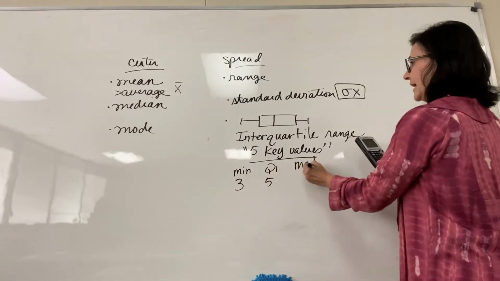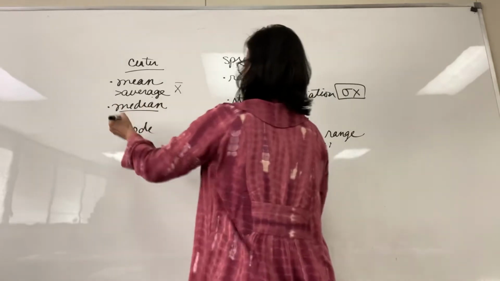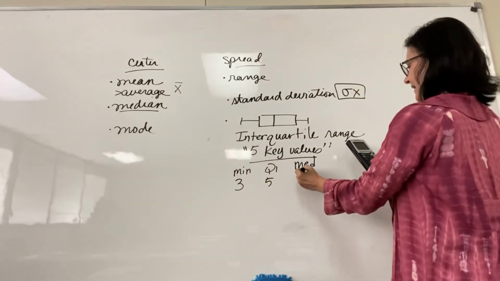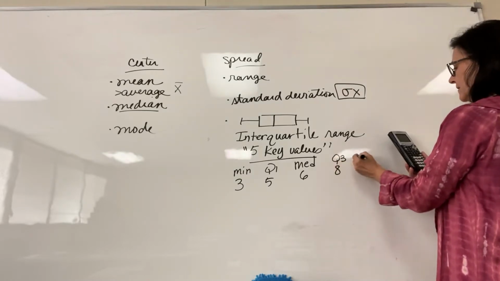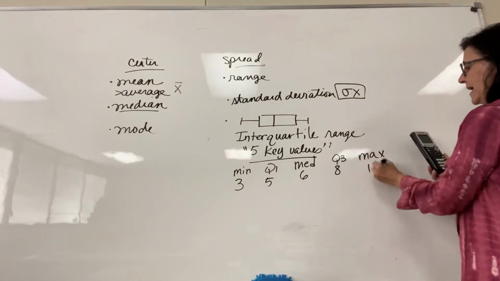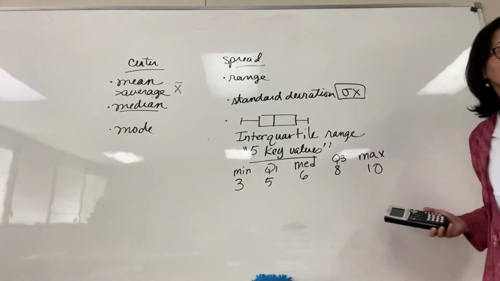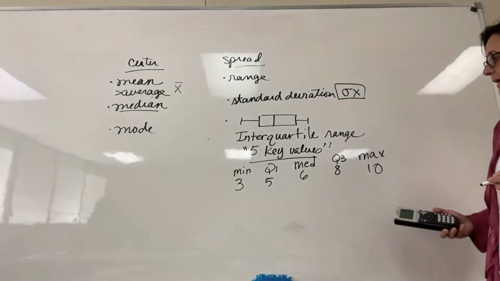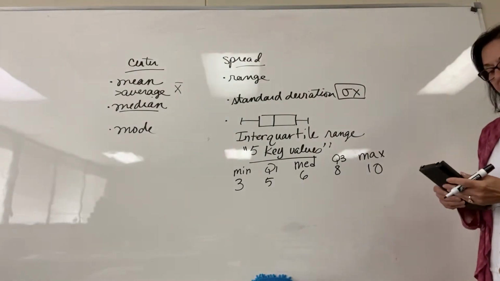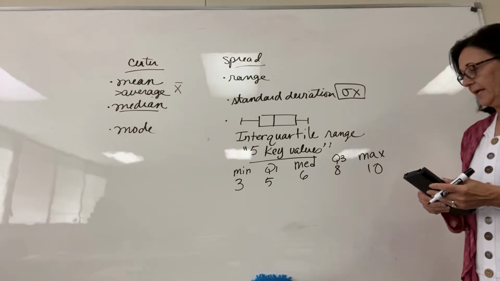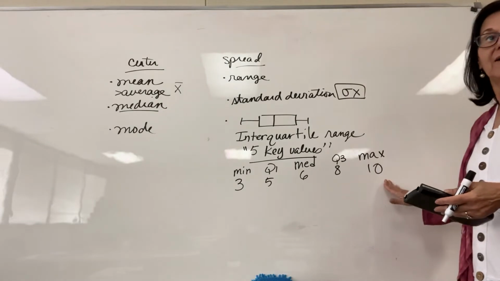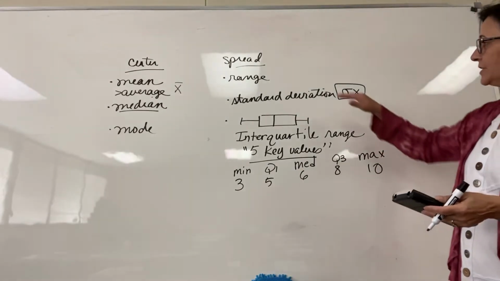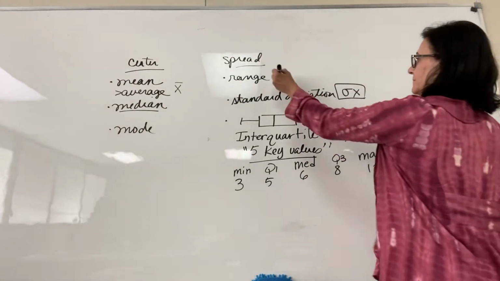The median is 6. Quartile 3, 8. The max is 10. So I could draw my box and whiskers plot if I needed to. It also helps me find the range. Okay, I'm really jumping ahead. The range is the max minus the min.